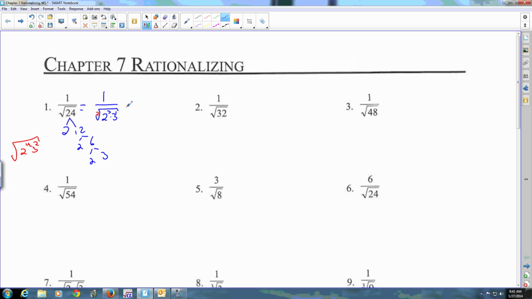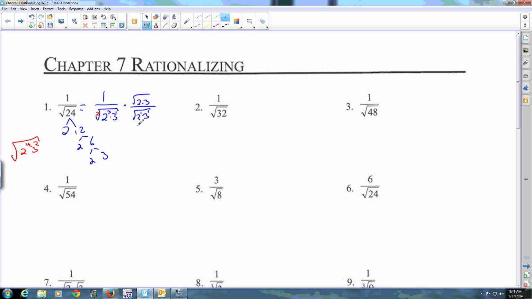Okay, so what do I need to multiply it by to get that to be a 4? Well, if I multiply by 2 to the first, then that becomes 2 to the fourth. If I multiply by 3 to the first, then that becomes 3 squared. If I do it to the bottom, I gotta do it to the top.